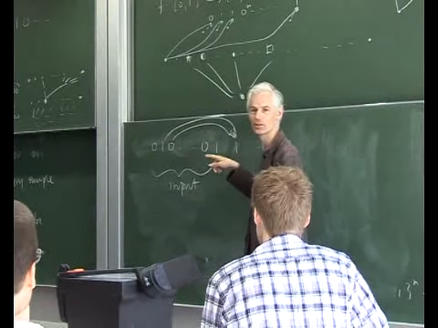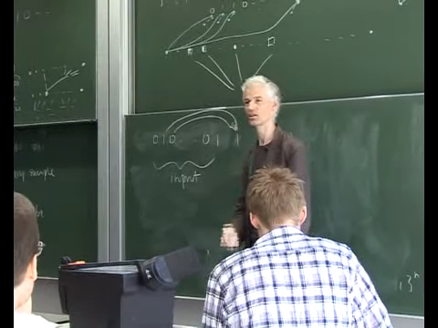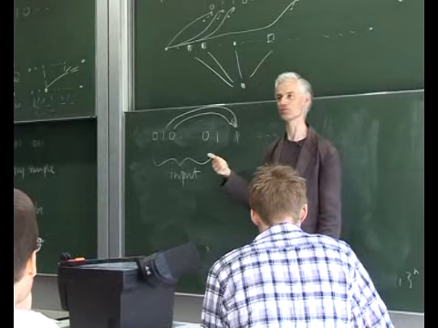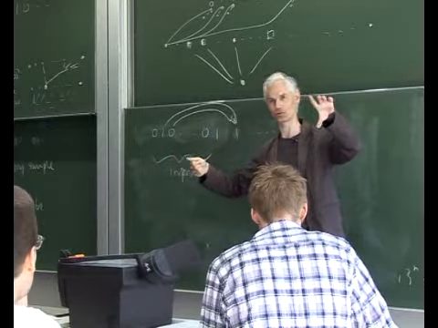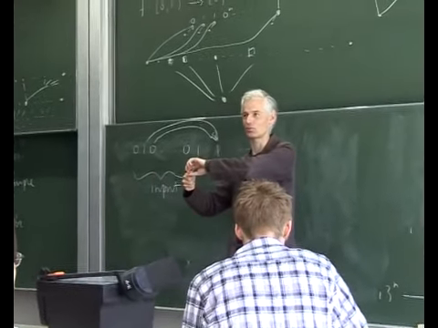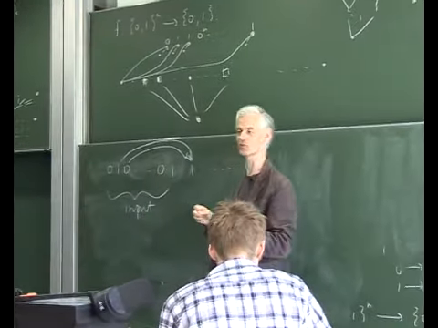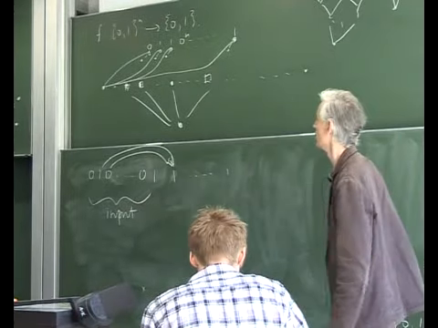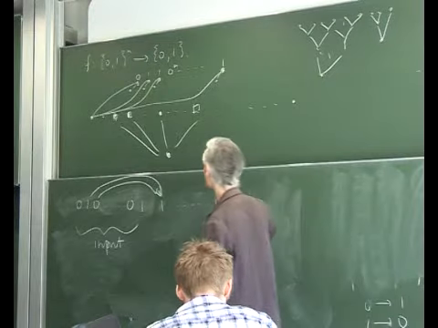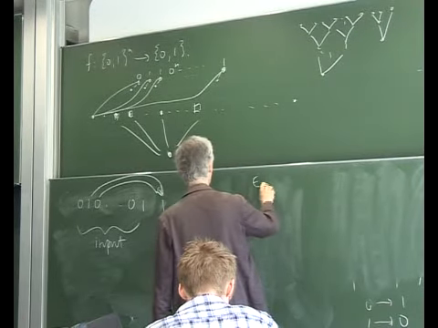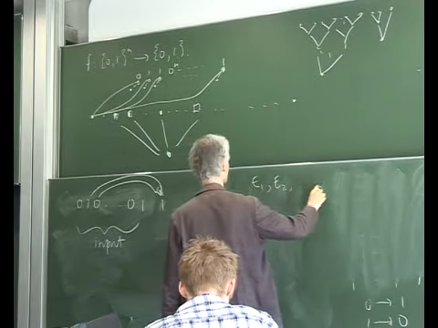How do I get from a circuit to this? I just totally order the vertices of the circuit in such a way that each vertex comes after the ones that I used to create that vertex, using an AND gate or OR gate or NOT gate. So it's completely obviously the same model. Nevertheless, this is a nice way to think about it. Let's write a sequence of sets, E1, E2, up to En.